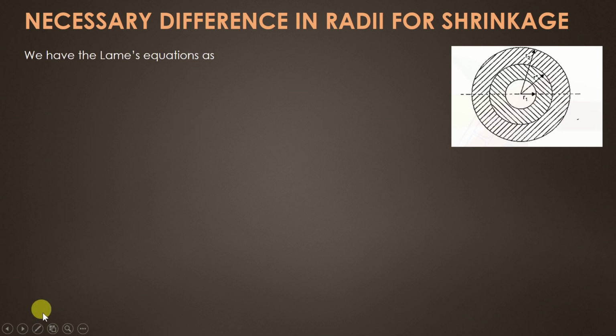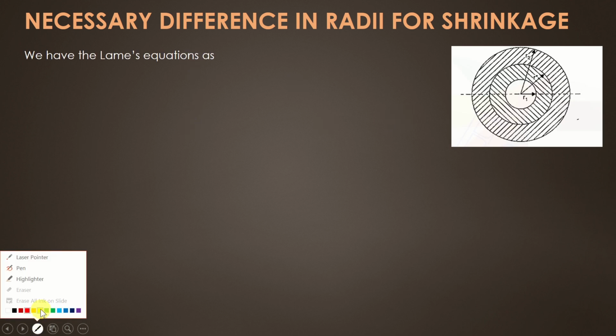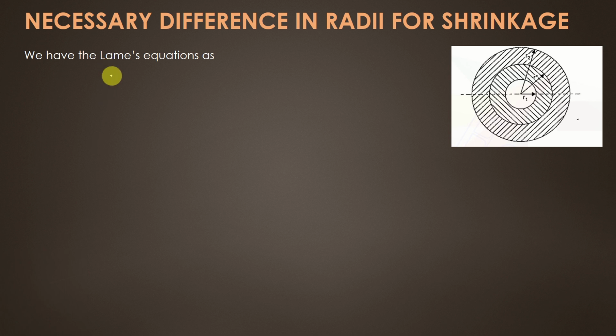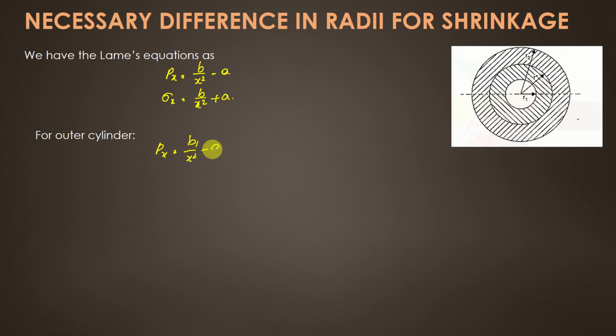We have to work through the process in numerical form. We have Lame's equations, if you remember: p_x = b/x² − a, and σ_x = b/x² + a. These are the Lame's equations we have. For the outer cylinder, we have defined p_x = b1/x² − a1, and σ_x = b1/x² + a1.